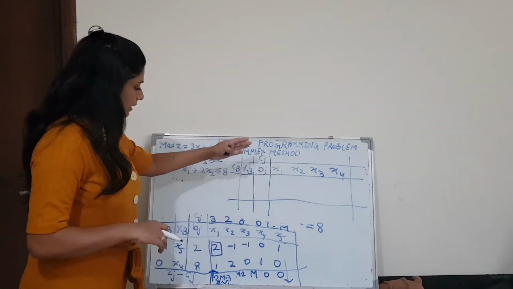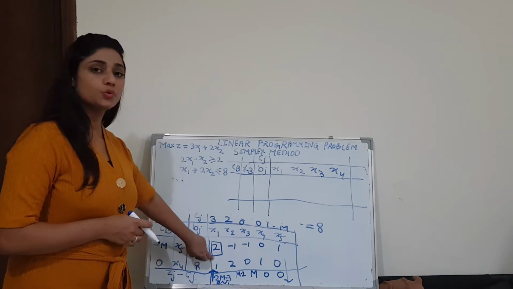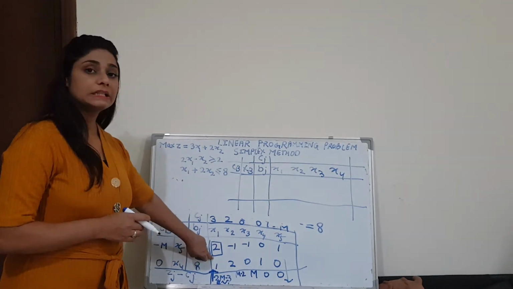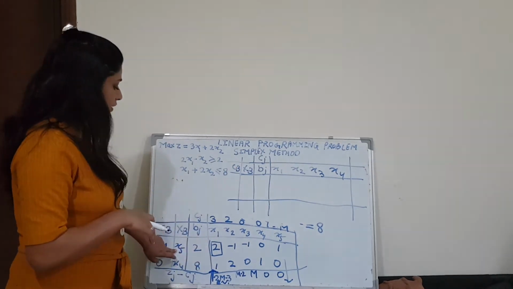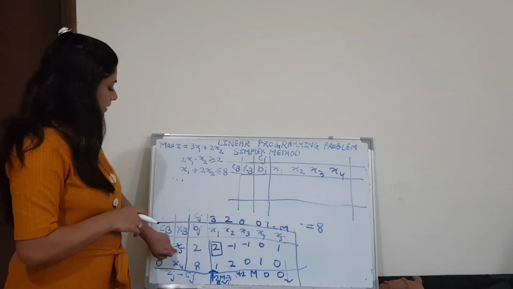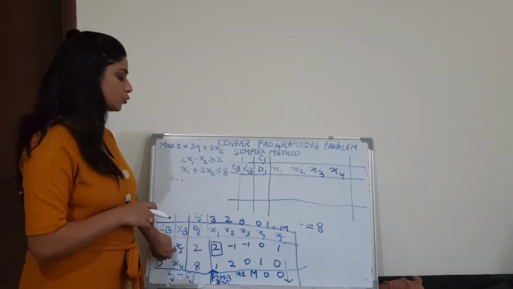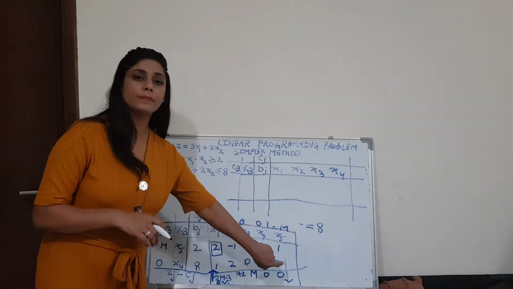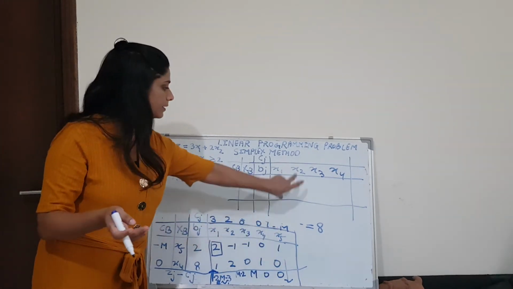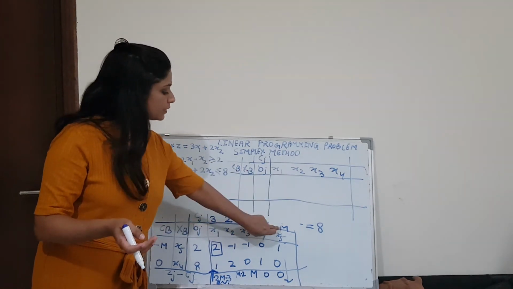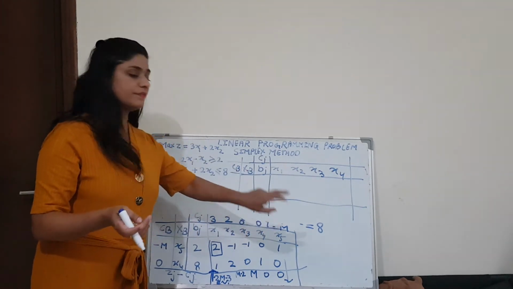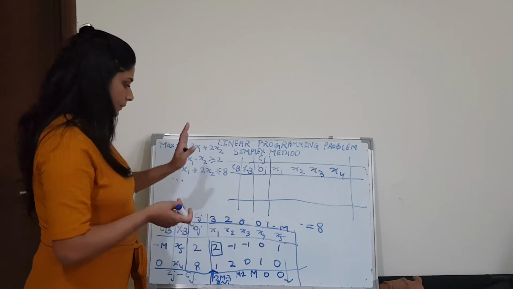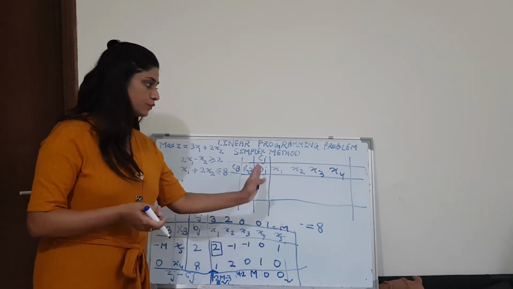I am repeating again, we get the outgoing vector from this place, then we check x5 is here. Now this x5 is the outgoing vector, this column. This column we will remove from our new simplex table, because we have this artificial variable in this column. So we will just remove it.